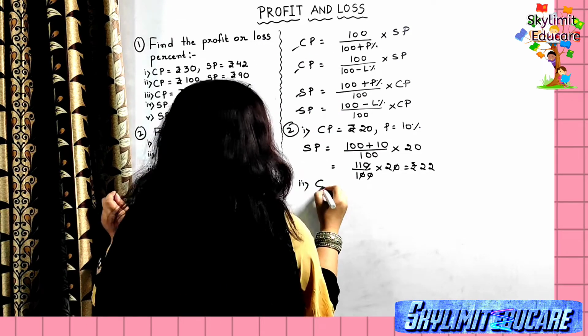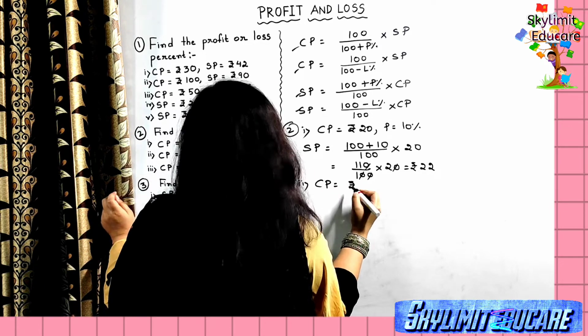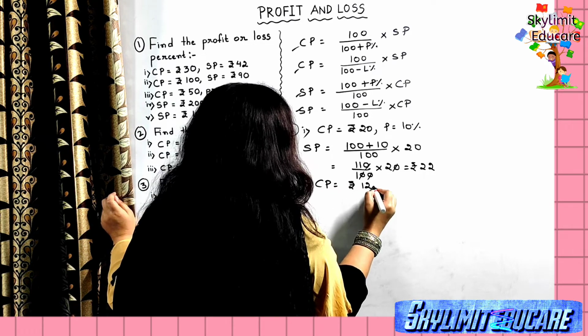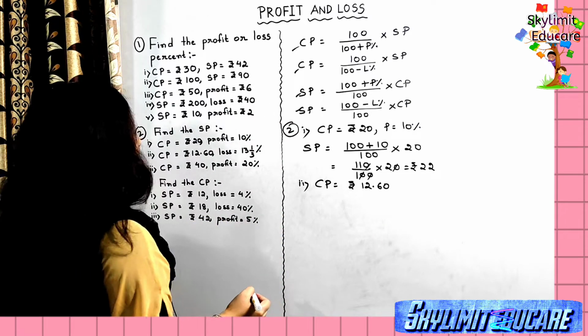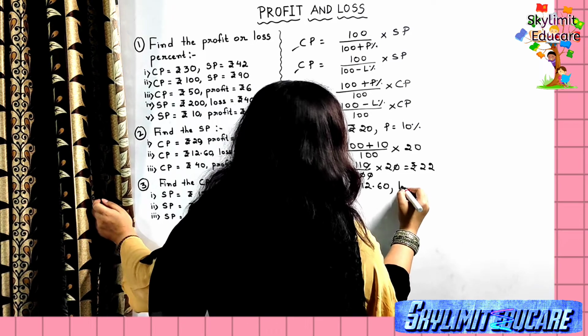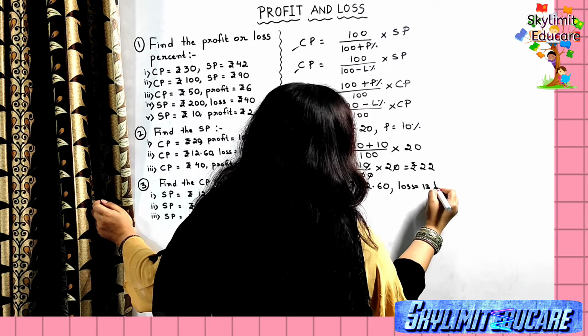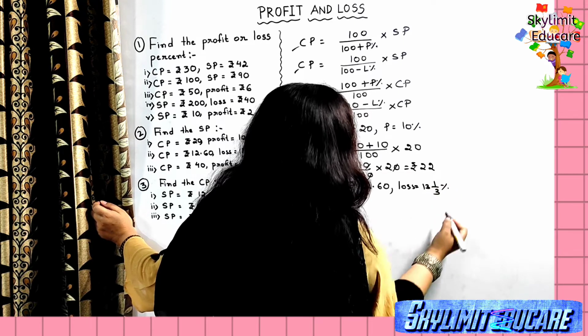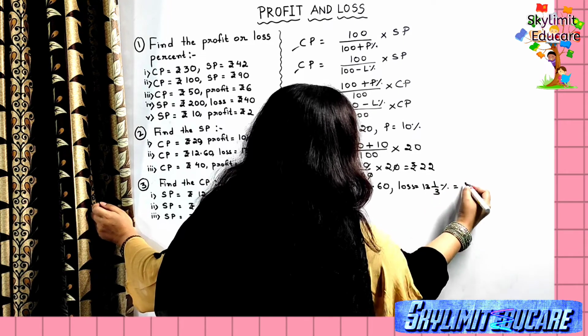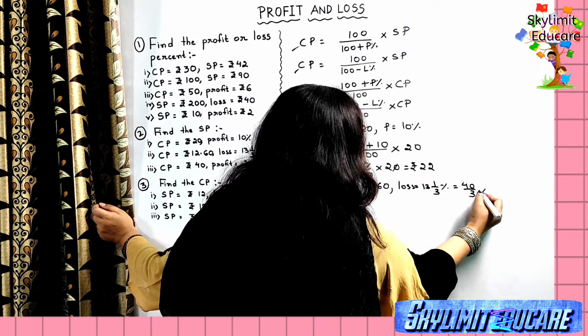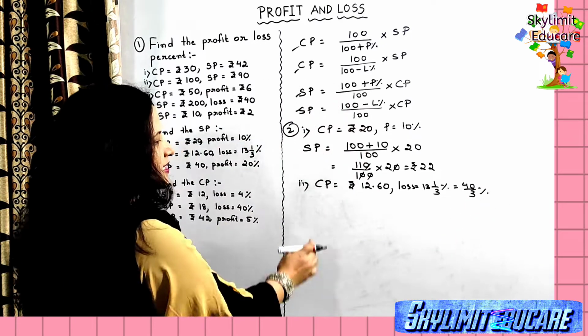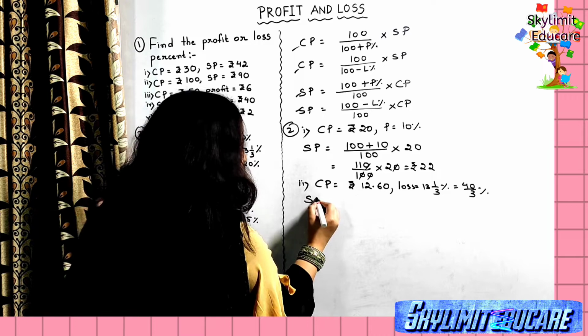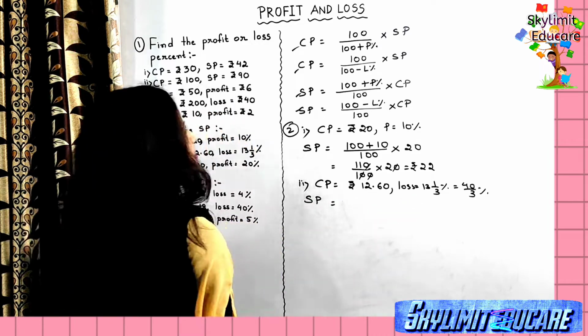Cost price is rupees 12.60, 12 rupees 60 paise, and loss is 13 1 by 3%, so 13 1 by 3% is 40 by 3%. Now we are going to solve it using the same formula. What are you going to find out? SP when you have a loss.